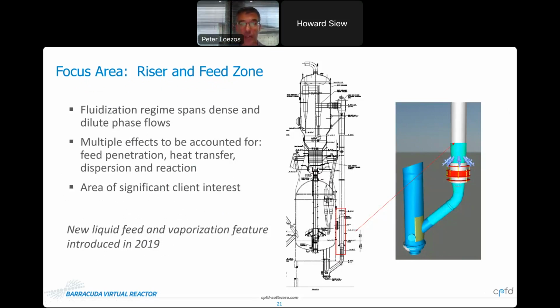And to model a riser, we have to account for multiple effects. And that includes feed penetration, heat transfer, dispersion, and reaction. And the riser, and especially the feed zone, has been an area of interest as of the last few years. So to support this, CPFD has released a new liquid feed and vaporization feature back in 2019. And so I'm going to touch on this in the next few slides.